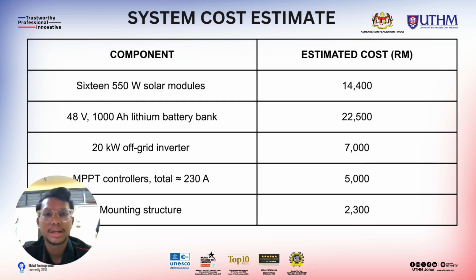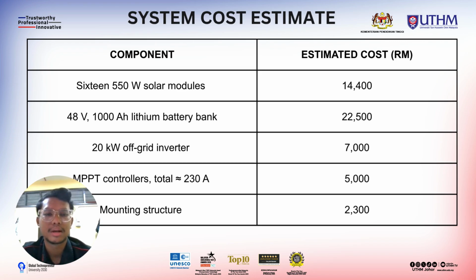For the system cost estimate, the components are: 16,550 watt solar module is 15,400 ringgit. For lithium battery, 22,500 ringgit. For the 20 kilowatt grid inverter, 7,000. For the MPPT controller, 230 amperes, is 5,000 ringgit.